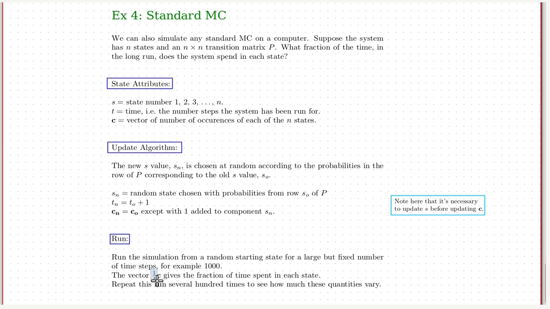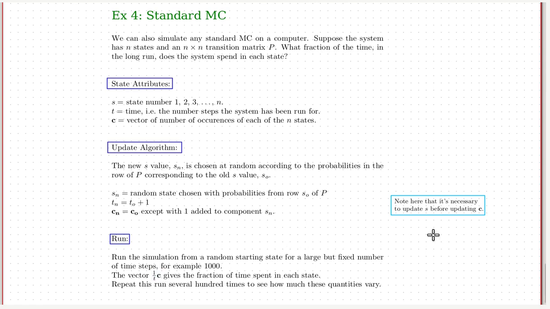We'll multiply by 1 over t, and that'll give us basically the frequency with which the Markov chain is in each one of the states. This will give you a probability vector, right? Each one of the entries in this will now be a probability, and they all add up to 1. And it'll tell us what fraction of the time the system spent in each one of the states in this particular run of the computer simulation, okay?